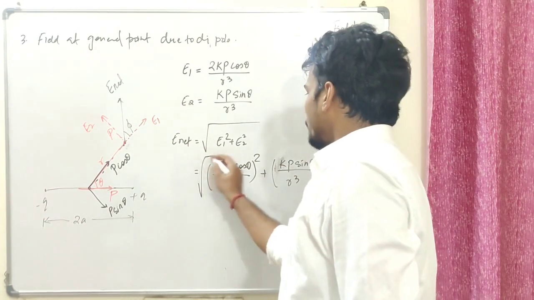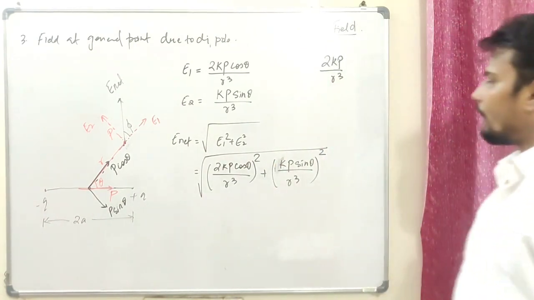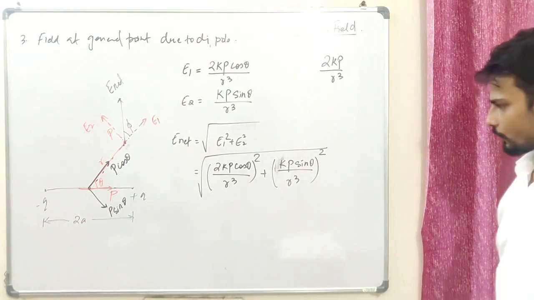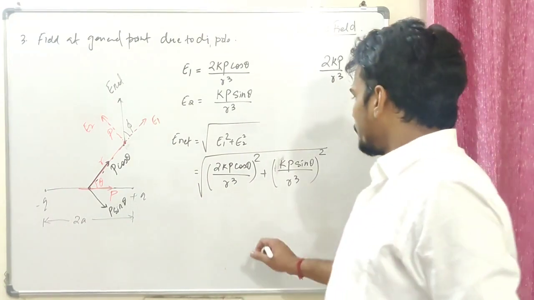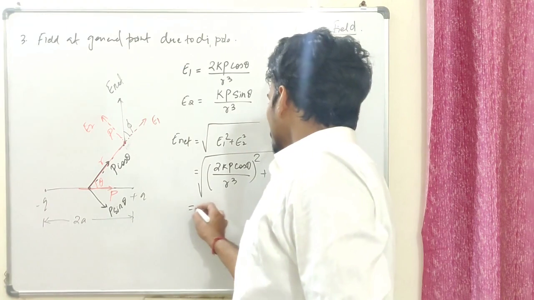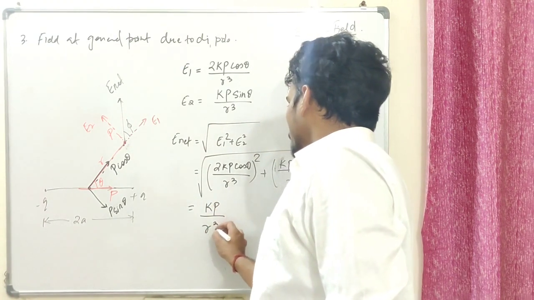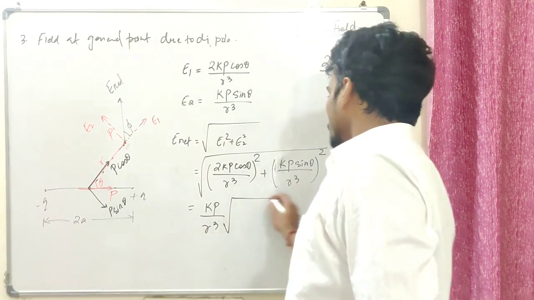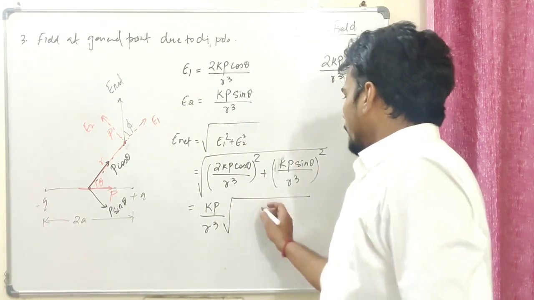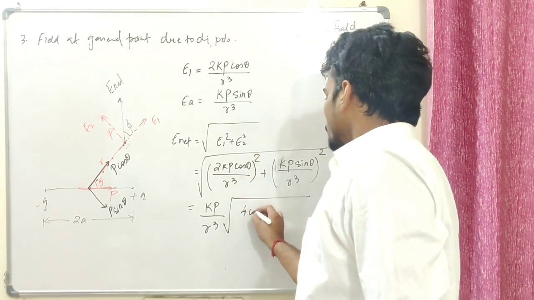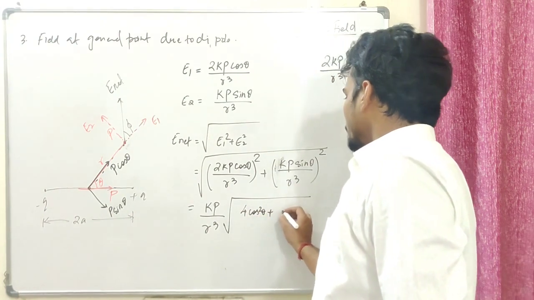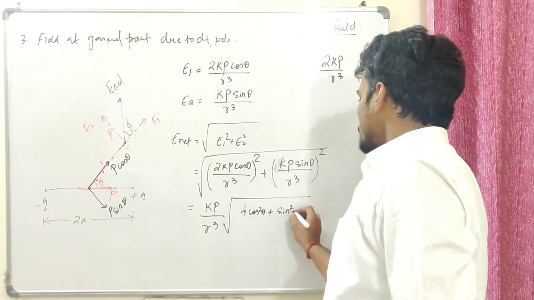Let us take something common out of it. I'm sure you guys agree that I can take kp over r cube out without any problem. I'm going to have 4 cos square theta plus sin square theta.